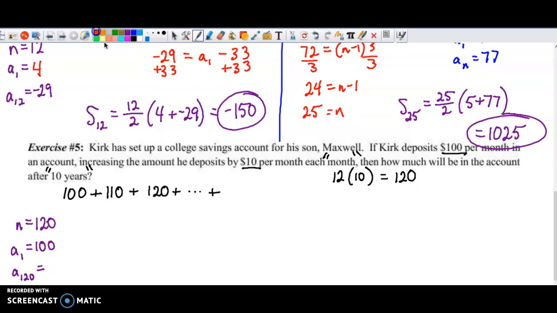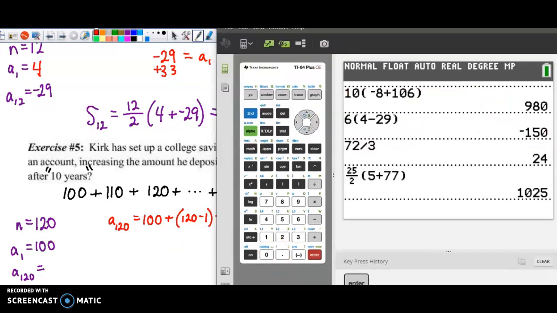Not quite. So I've been using this other formula where a sub 120 would equal the first payment, or first whatever you want to call this, and then plugging in 120 in for n, and the common difference is 10. And this is open for debate because I know some people might interpret that a little bit differently.